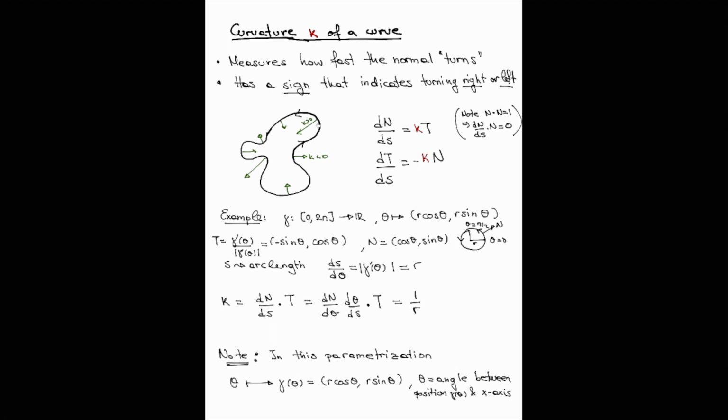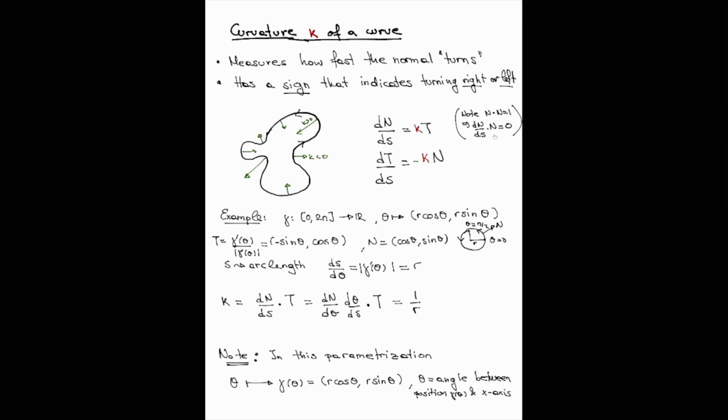And how can you compute this? You can compute this by taking the derivative of the normal. So the curvature is given by taking the derivative of the normal and dotting with the tangent vector. Dotting with the tangent vector is not any restriction, because you can note that the normal has length 1, so if I dot with itself, I get 1. So if I apply the product rule, you see that dN/ds has no normal component.